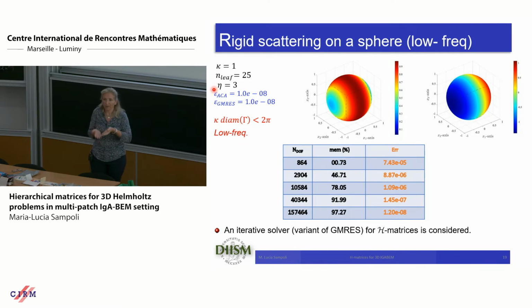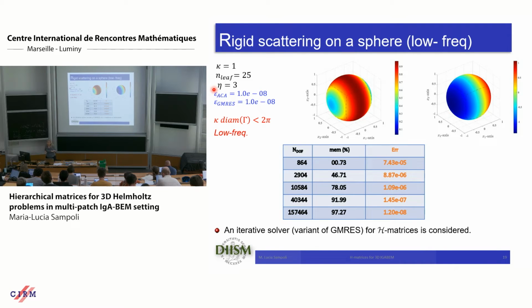So we have to find eta as big as possible without losing accuracy. This is tested in an empirical way. And we see here the memory saving, which is reasonable, especially when the dimension is increasing.